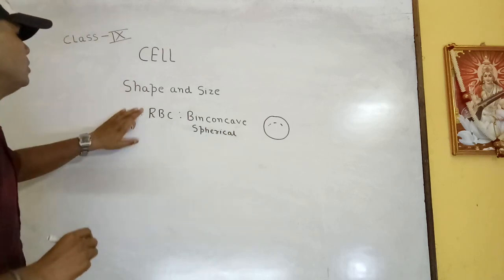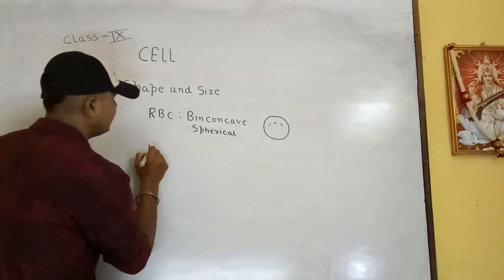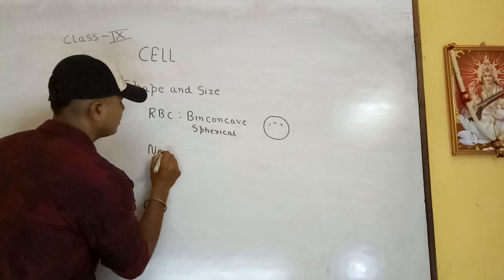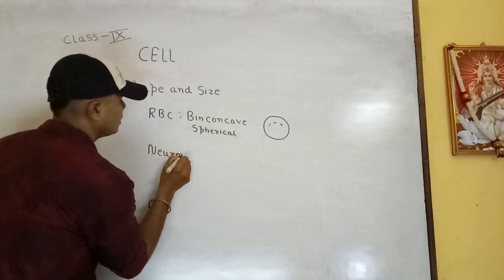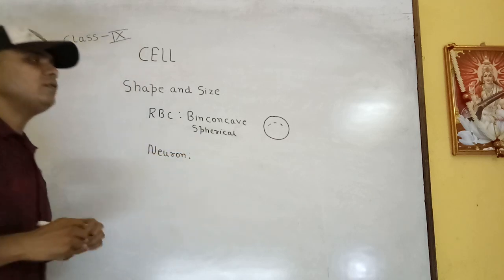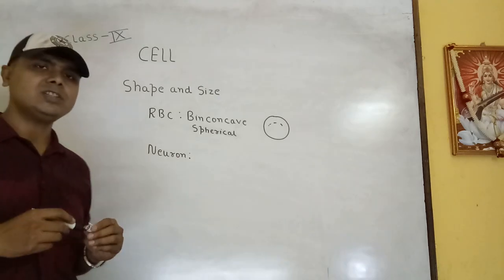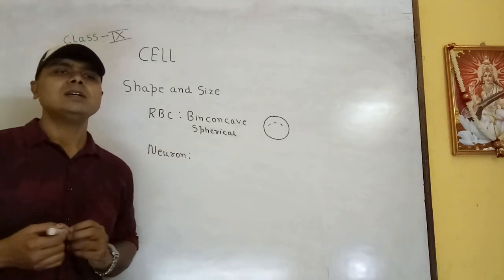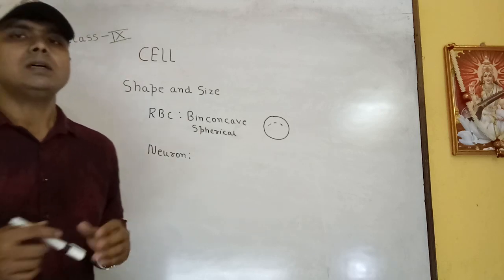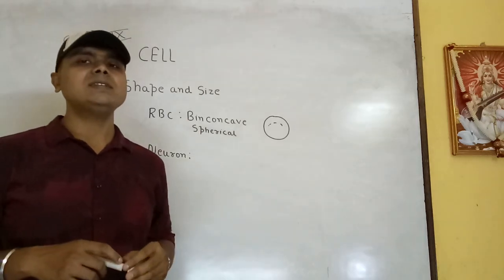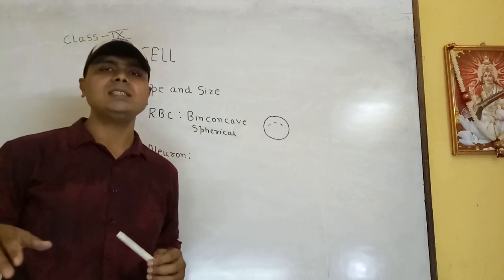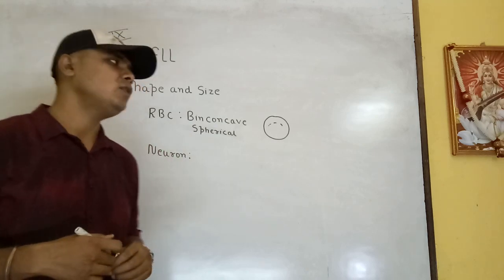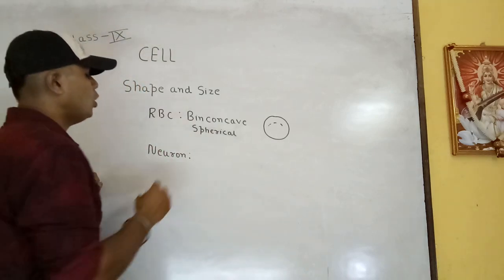Now neurons, or the nerve cells, are elongated because they have to perform different functions. For example, they have to transmit impulses from distant parts of the body, from the receptor to the central nervous system, then from the central nervous system to the receptor, and therefore they need to be long.